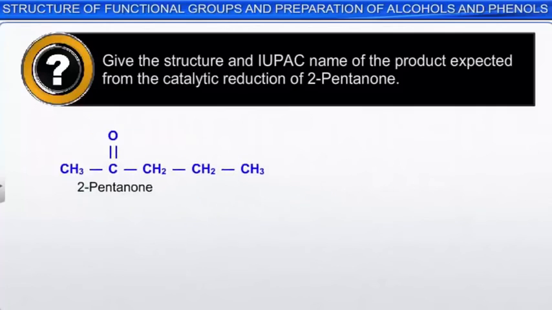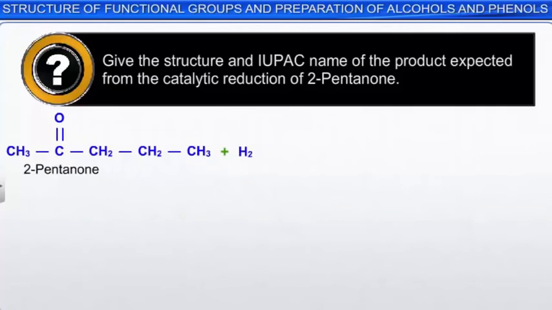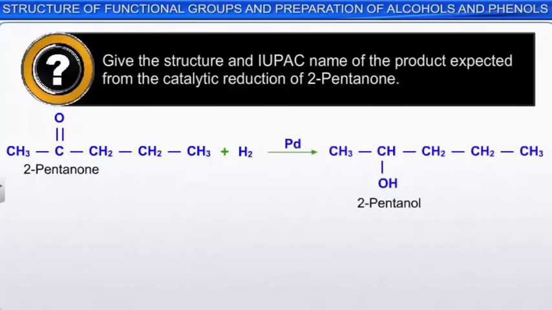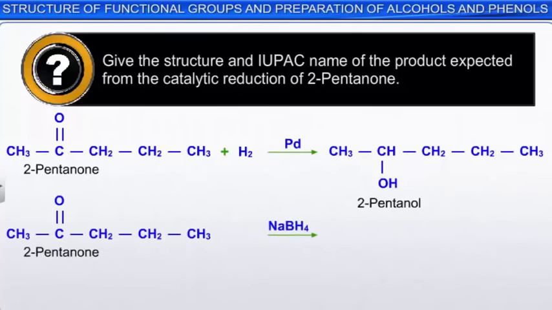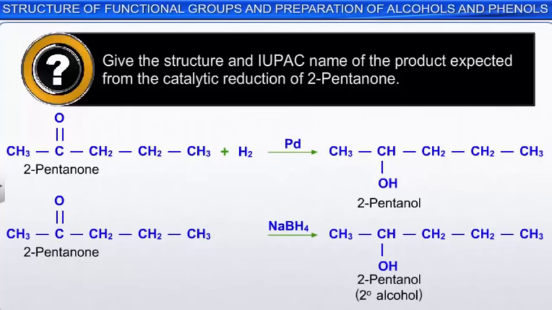The catalytic reduction of a ketone produces a secondary alcohol. The product is 2-pentanol. Alternatively, you could have used sodium borohydride or lithium aluminium hydride instead of hydrogen gas with a metal catalyst.